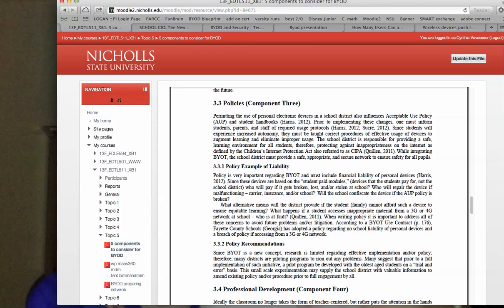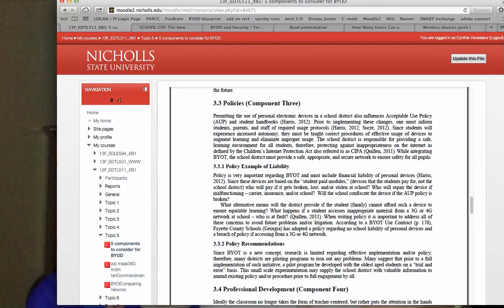We are going to assume that we want to implement a BYOD program in our little 20 or 30 student classroom, and we are going to start planning for that. So you are going to look at the stakeholders and the policies for this module, and you are going to draft a document that says who these stakeholders would be and what your policy recommendations would be to the committee.